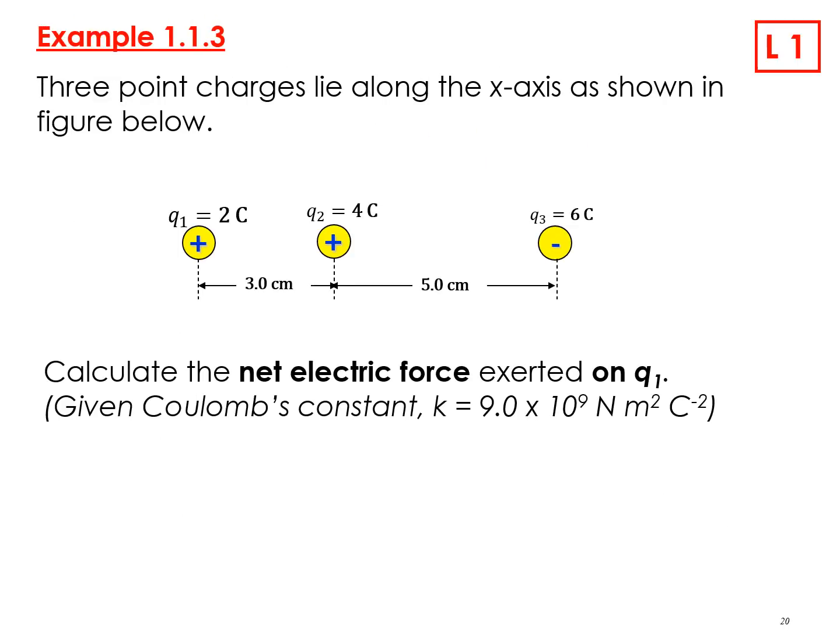Okay, so this is the third example, but actually the question is exactly the same as the previous example, example 1.1.2. You just change the net electric force from on Q2. Now they ask you to calculate the net electric force on Q1. So just focus on Q1.